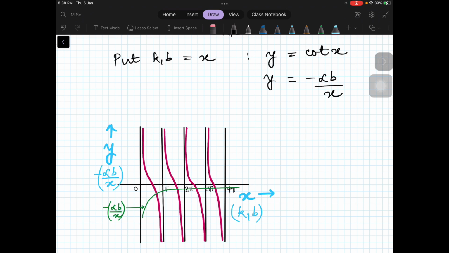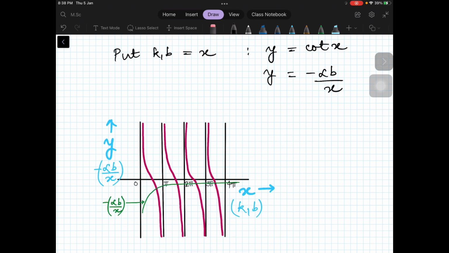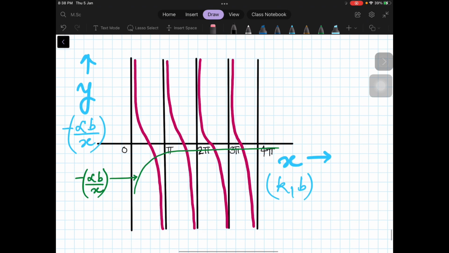So first of all, we would draw the diagram of Y is equal to cot X, and then we would draw the graph for Y is equal to minus alpha b over X, and we would see the points wherein both the curves are intersecting each other, and we can see that they intersect at the odd multiples of pi by 2 with slightly greater values.